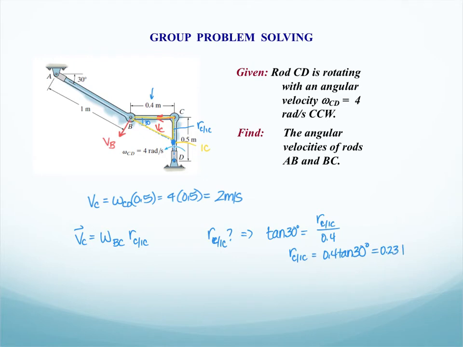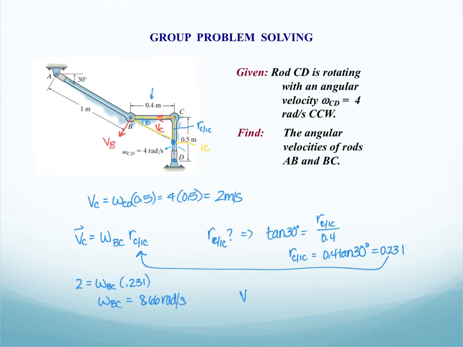So that's the length of that radius. I'm going to use this in here, and so the velocity at point C, I already found it. It's true regardless of what reference point I use. It's equal to omega BC times 0.231, and omega BC is then equal to 8.66 radians per second.